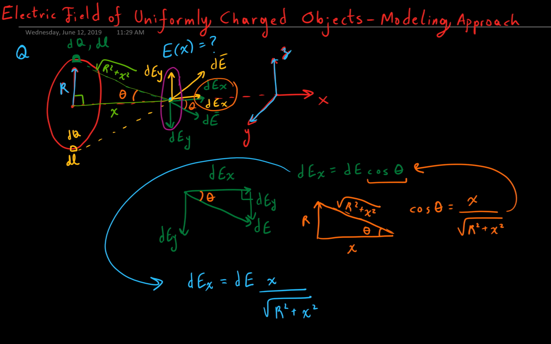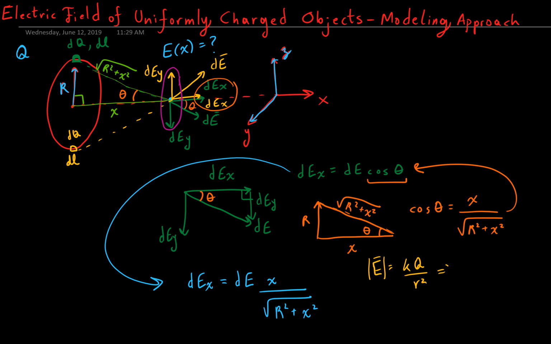And dE, if we recollect what our differential equation was in our previous videos, we know that E is equal to k times q over r squared, and we've already accounted for the direction. So this is just a magnitude that we're looking at.